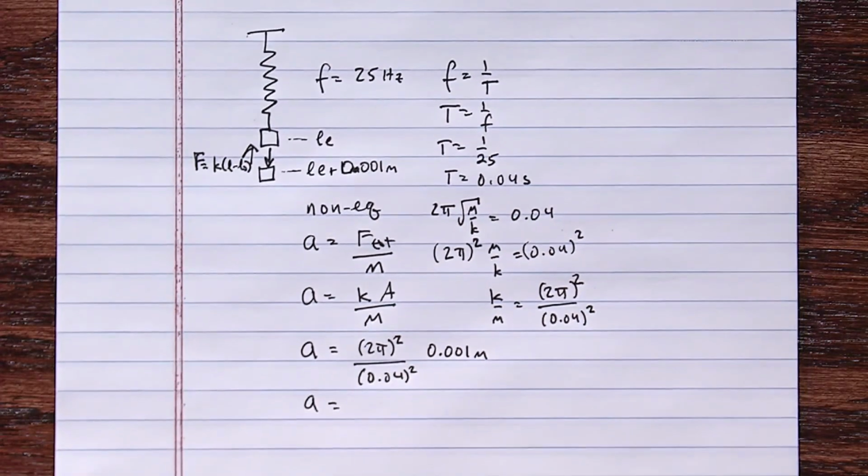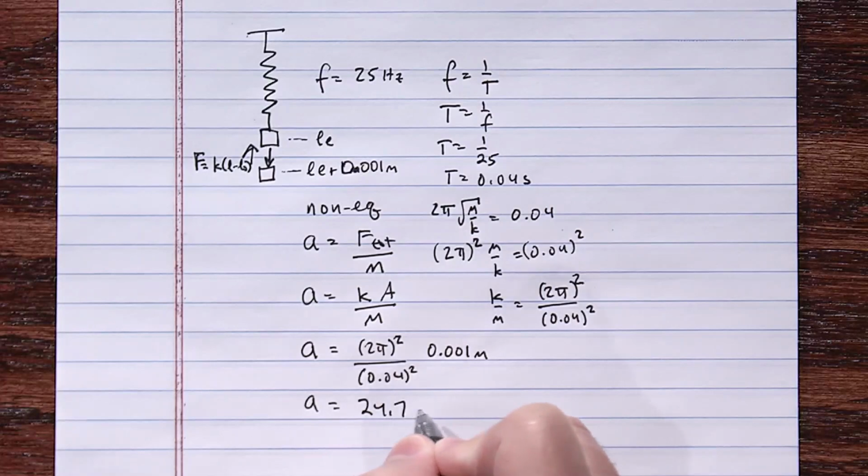And so that tells us that our maximum acceleration of the object is equal to 2 times pi, in quantity squared, divided by 0.04 squared, times 0.001. And that gives us a maximum acceleration of 24.7 meters per second squared.